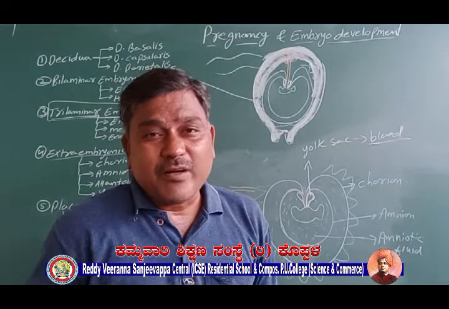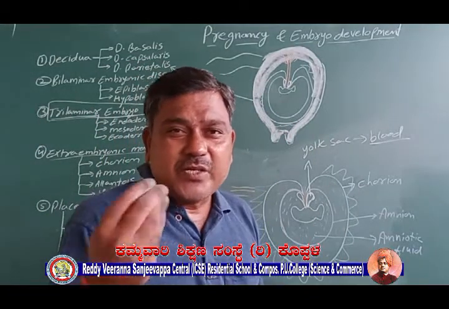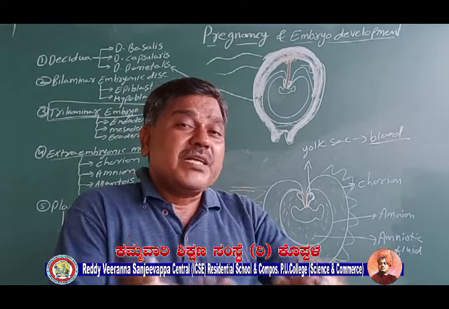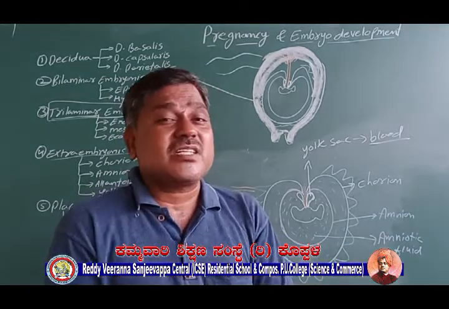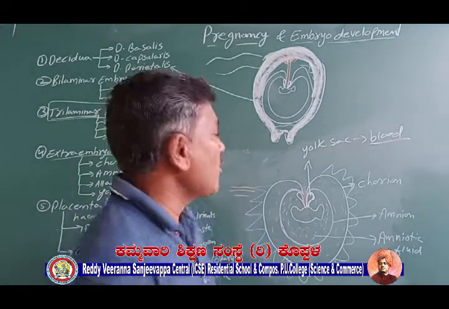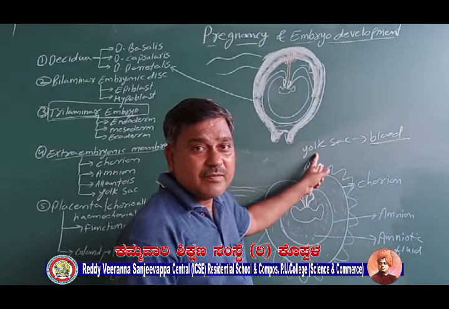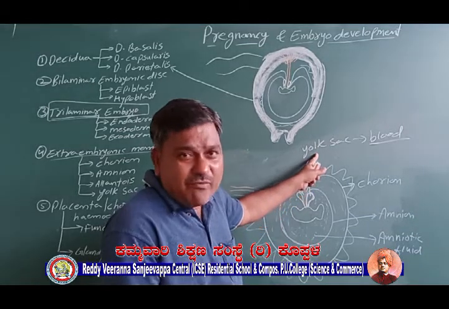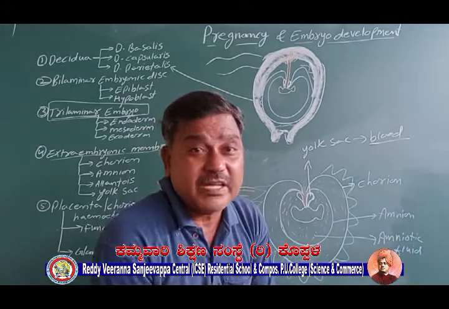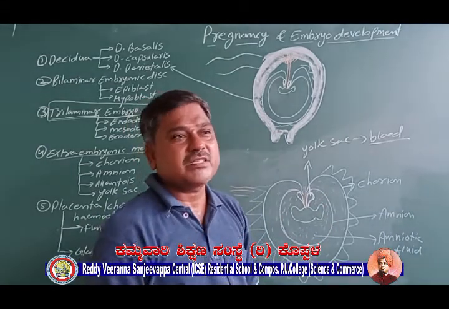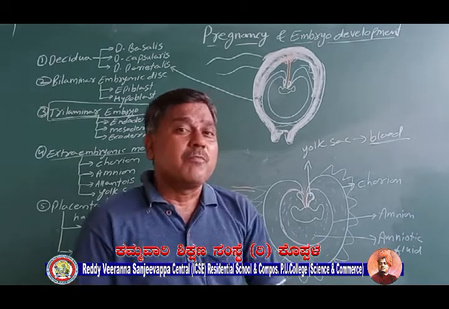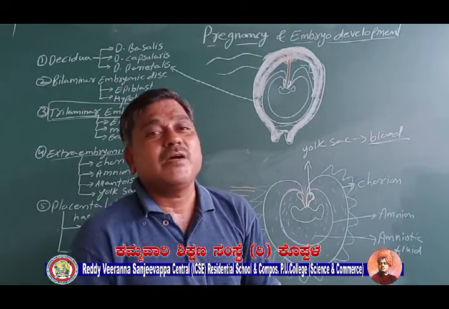In our body, blood and blood components are produced by the bone marrow. But at the earliest stage, the first formation of blood and blood components occurs in the yolk sac. Later, after the first trimester, the yolk sac's function is replaced by the liver, and after birth, it is replaced by the bone marrow.